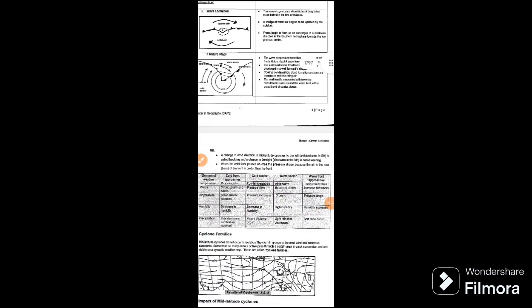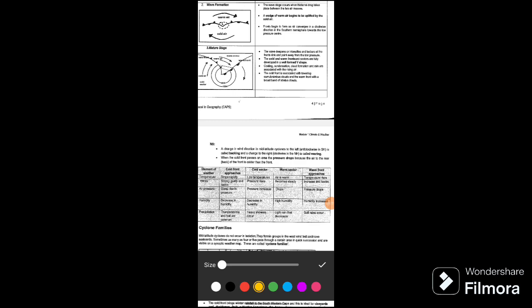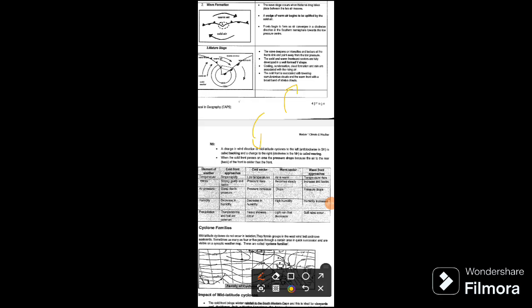I wanted us to look at this part. We also need to know the changes in direction of the wind of mid-latitude cyclone. On the left is anticyclone and it's called backing. Changes on the right, it's cyclone in the clockwise direction. It's veering. So I want to show you something here.